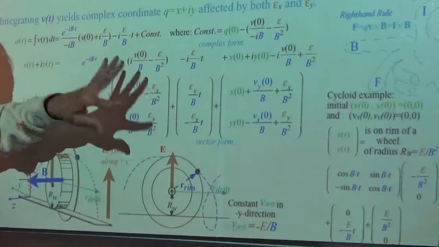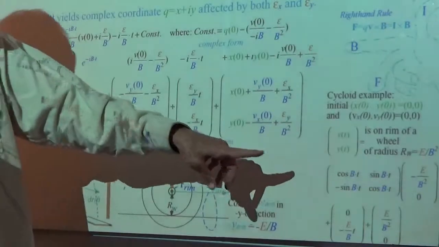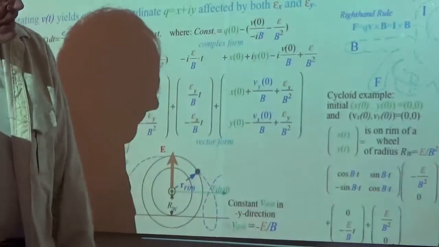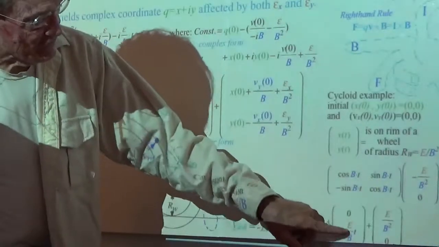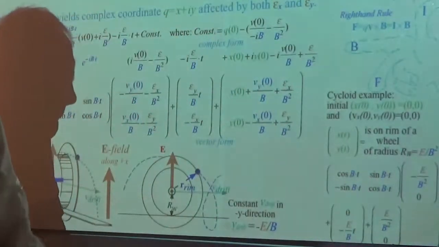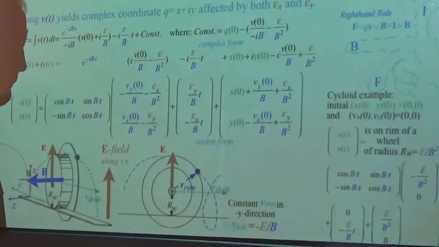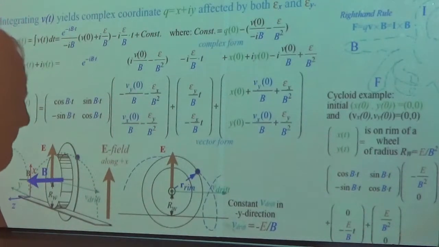If I make it large, then it's more like a translation. In any case, this equation here boils down to this. And you can see it's got a drift velocity plus a constant vector. And then something that's rotating. Well, that's a cycloid if we do it right.